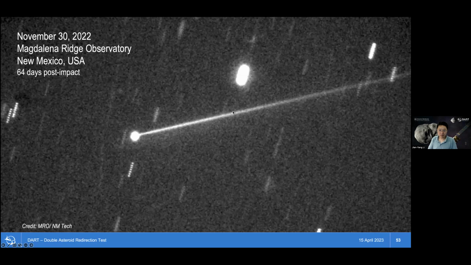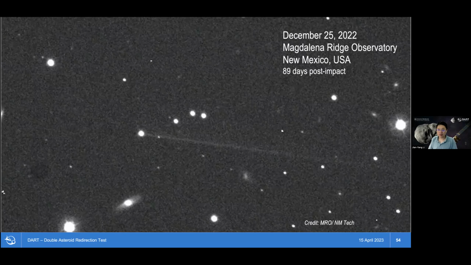You can see that the brightness of the tail is almost uniform in the beginning, and then decreases a little bit as you move further away from the asteroid. Now, this one was taken on December 25, Christmas Day last year. Now you can see that the tail is much fainter than before, right? Basically, the dust is dissipating with time.